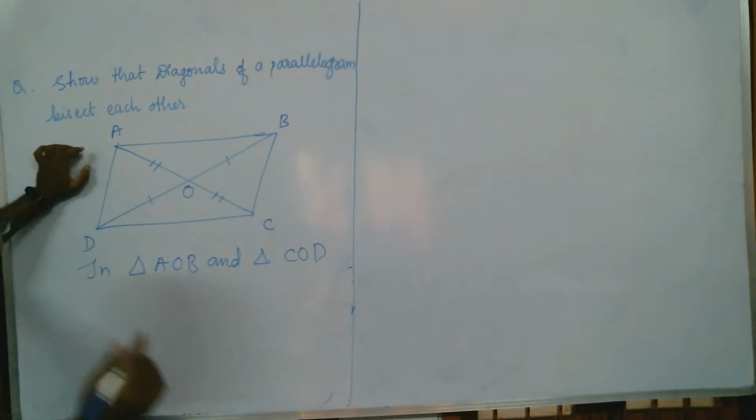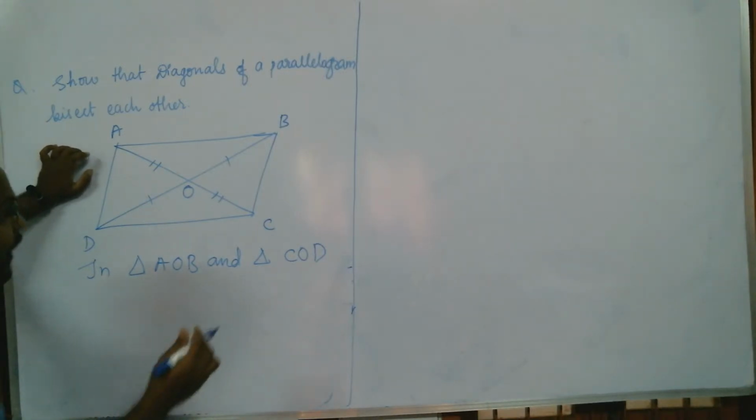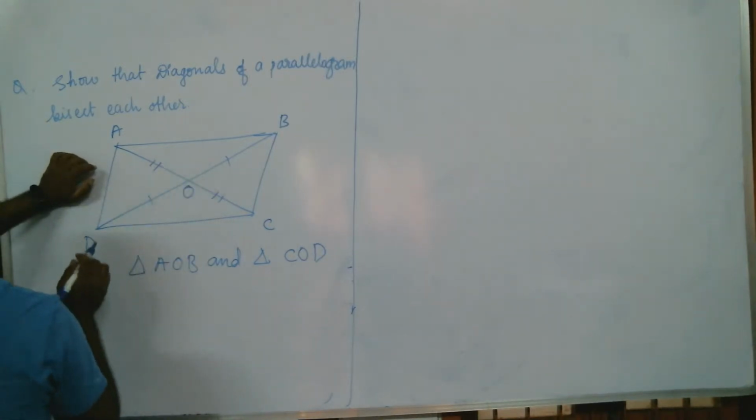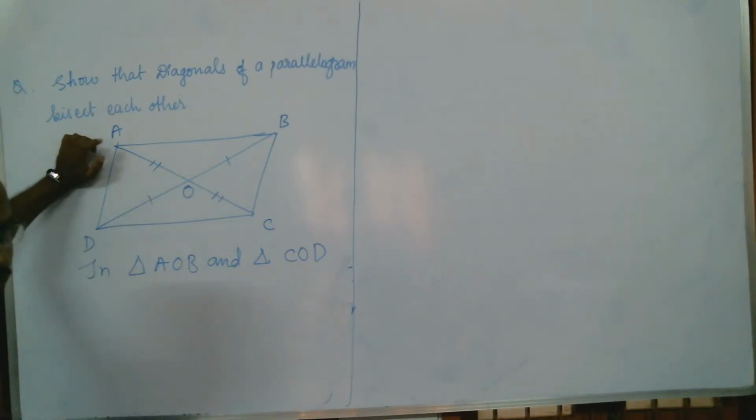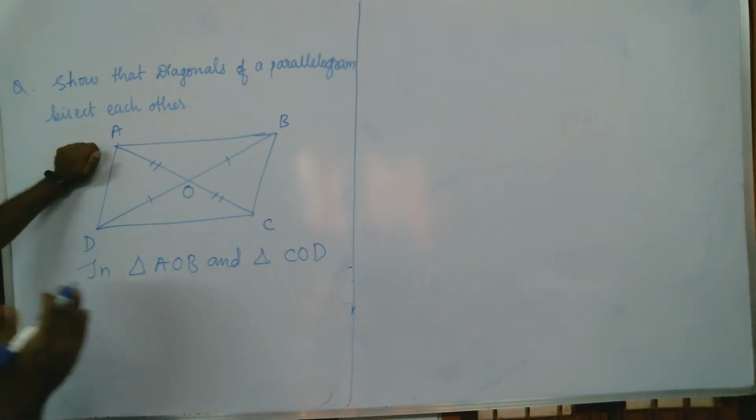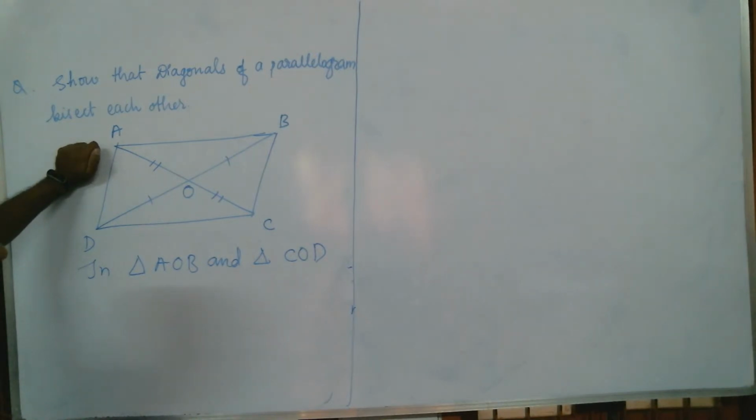Now you tell me one by one how I can prove these two triangles as congruent. In order to prove these two as congruent, what do we have to do? First we have to use some criteria to prove that these two are congruent.